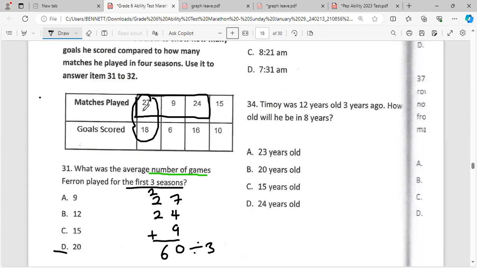He played 27 matches and he scored 18 goals. He then played 9 matches and he scored 6 goals. So these are the numbers that we're going to observe to see if there's a pattern in how many goals you expect him to score per match.